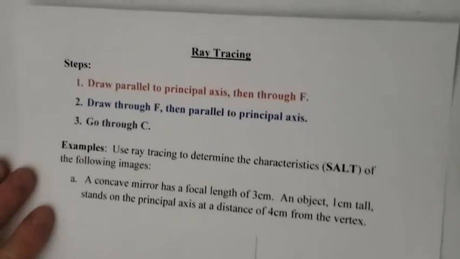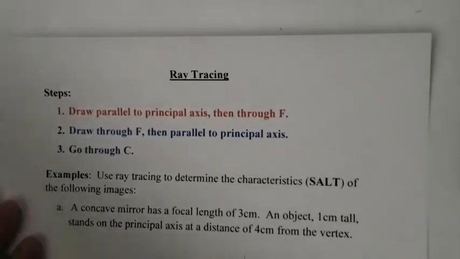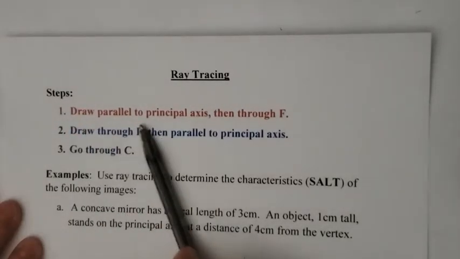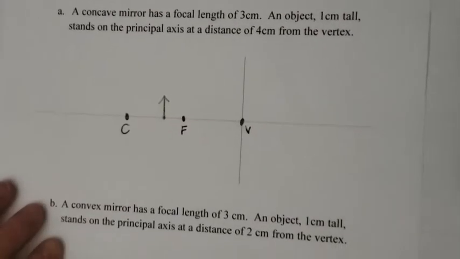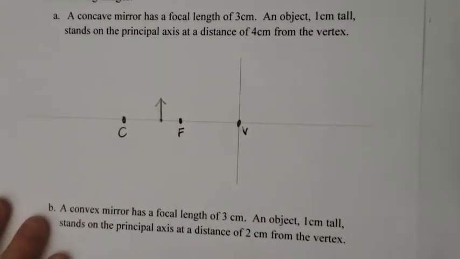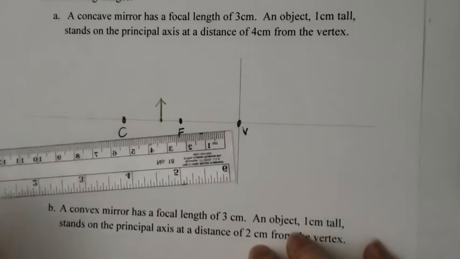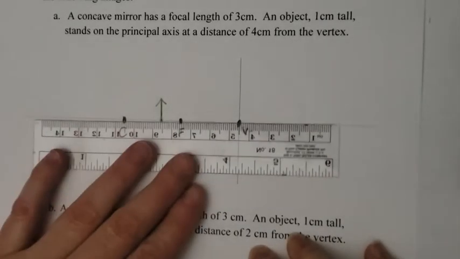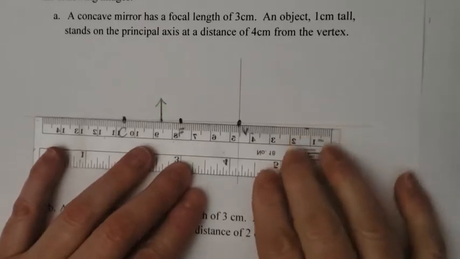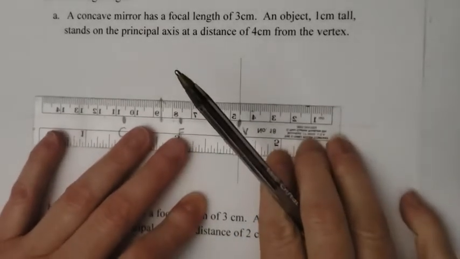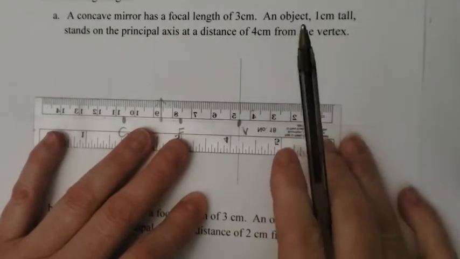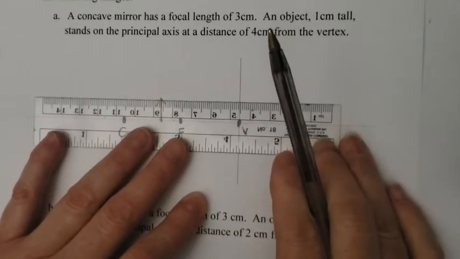So the very first step, which is written in red, so I'm going to draw in red. It says draw parallel to the principal axis, then through F. So what that means, this is actually easier if you do it on graph paper, is the principal axis is here, so I'm going to draw a line from the tip of the arrow to the mirror, parallel to the principal axis.